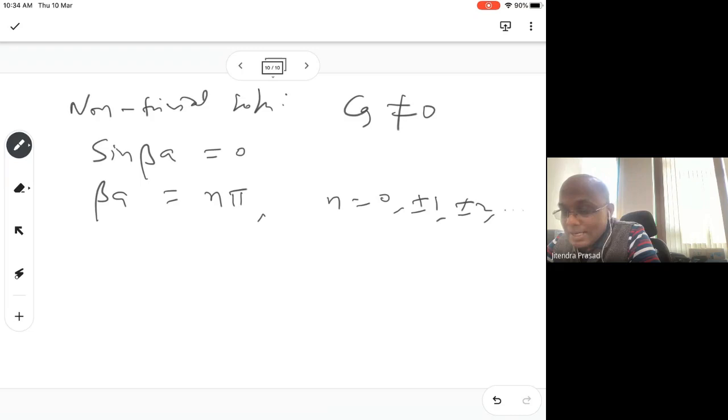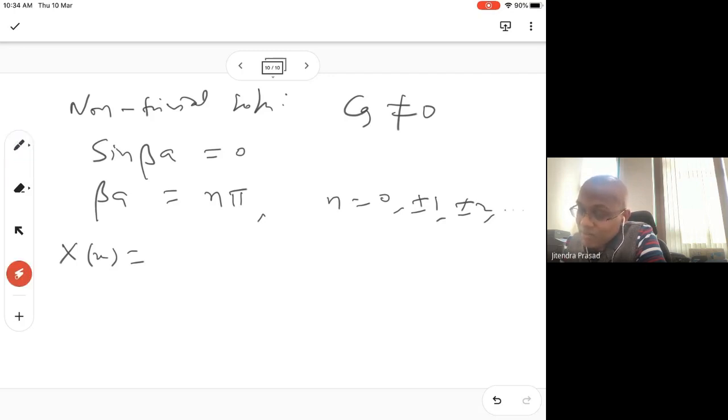So that means your solution in that case becomes x equal to, there will be a lot of solutions in this case. We can have in fact a combination of these, a summation where n is equal to minus infinity to infinity.